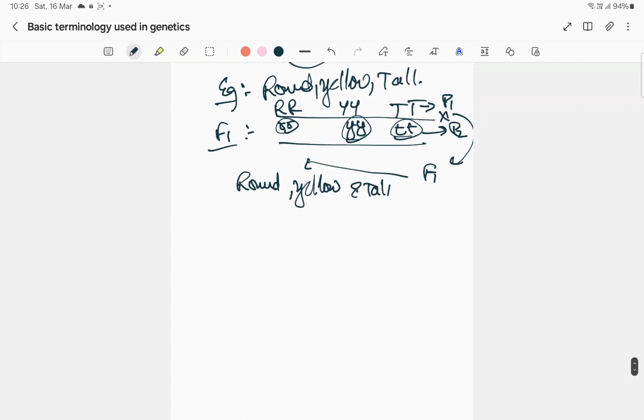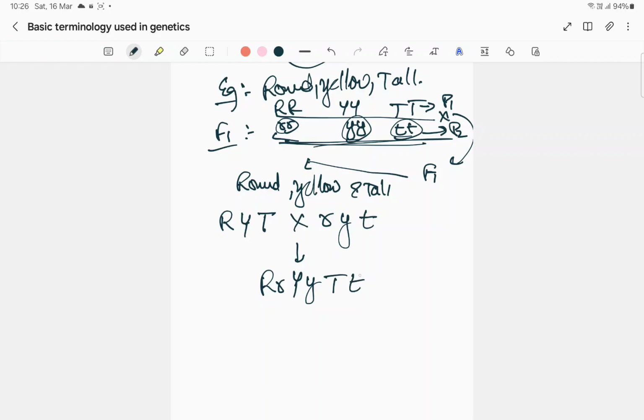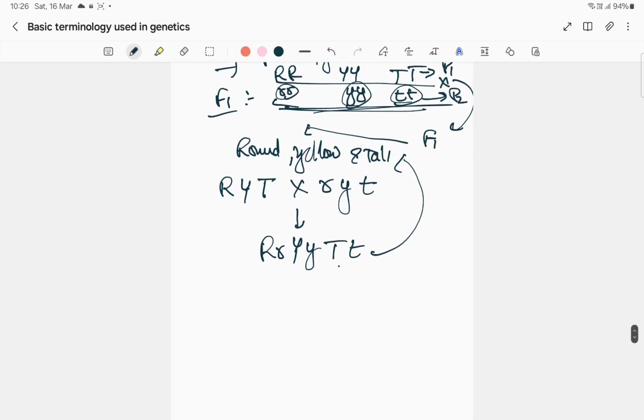See, let's take the alleles from P1: R, Y, T, with P2 alleles: small r, small y, small t. We will get capital R, small r, capital Y, small y, capital T, small t. So the F1 will be round, yellow and tall.